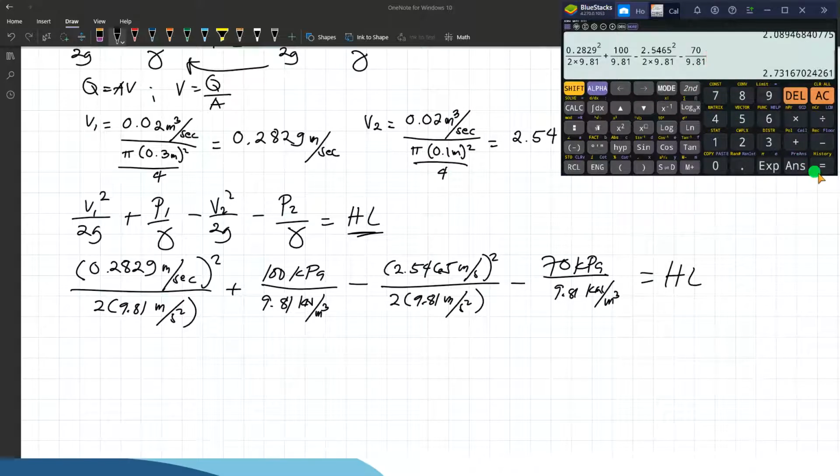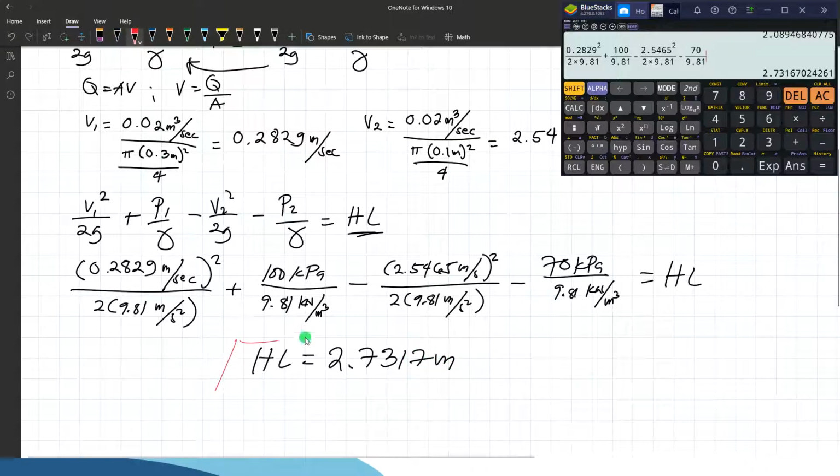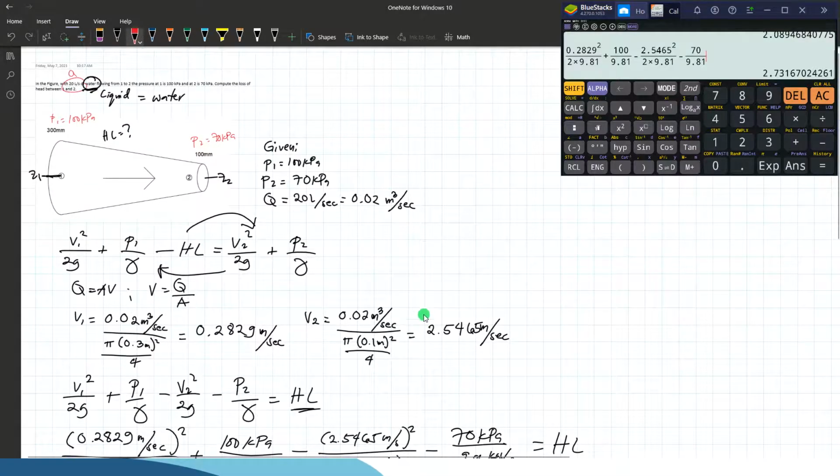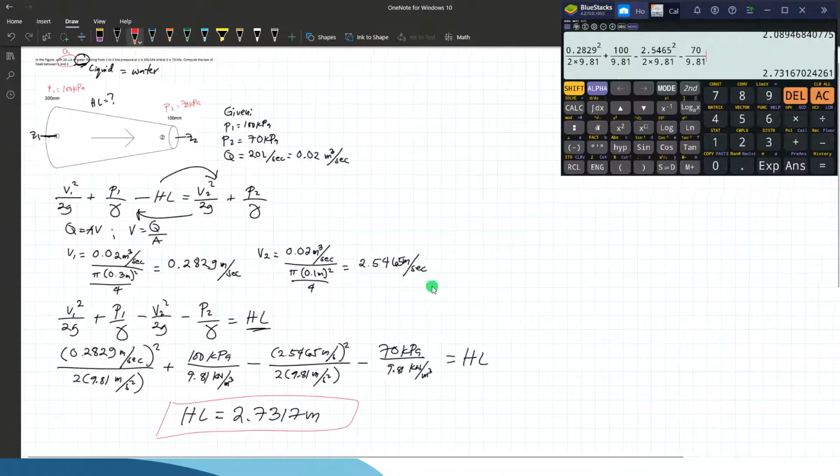Okay, so the total head loss is equal to 2.7317 if we have 4 decimal places, in meters. Okay, so that's how we solve a head loss.